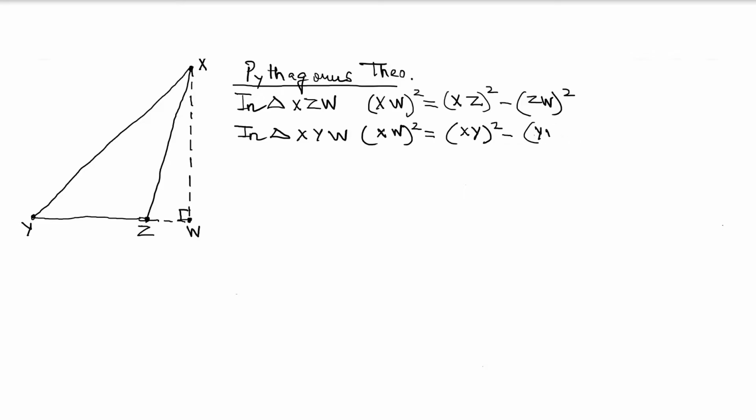Let us say that this is equation 1 and this is equation 2. So from both the equations we are able to equate their right hand sides, because in both the equations their left hand sides are the same as XW whole square.